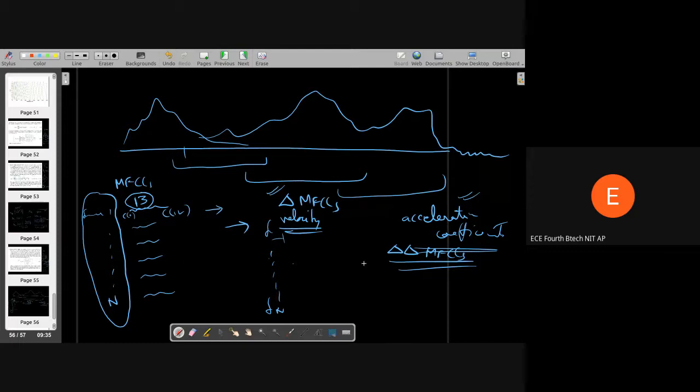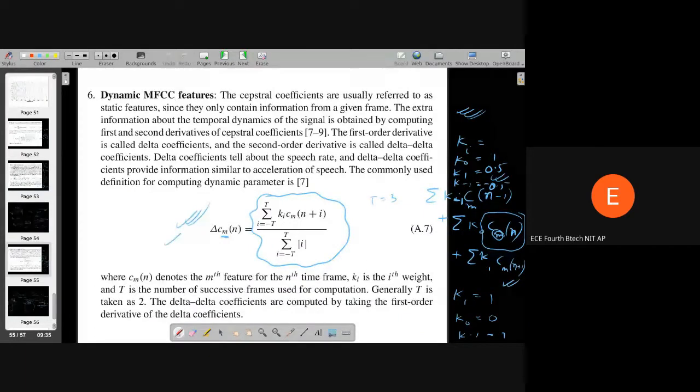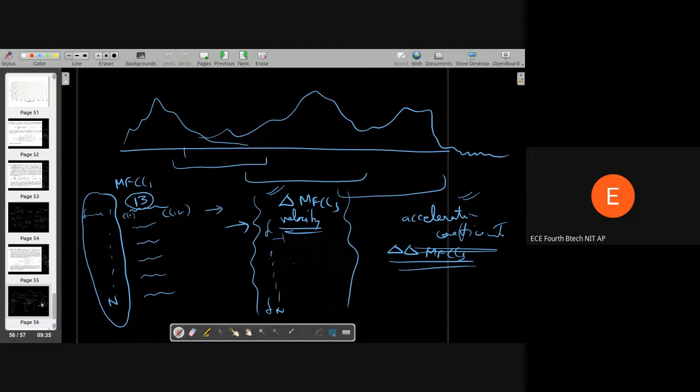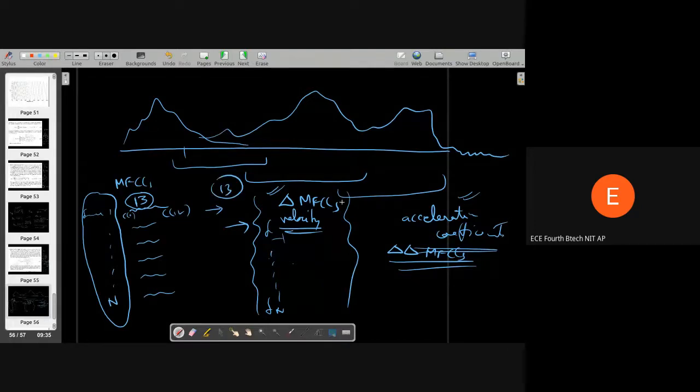So again, the same process. Once you get your delta MFCCs or velocity coefficients, you apply the same philosophy, the same process that we talked about here, and you will get your delta-delta coefficients. So altogether, you will get 13 MFCCs, 13 delta coefficients, and 13 acceleration coefficients for each and every frame.